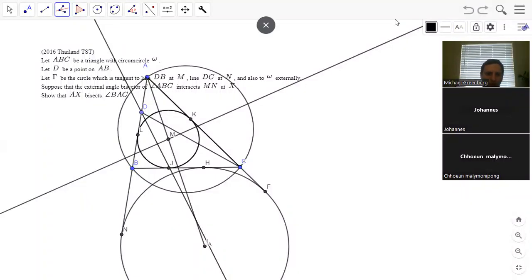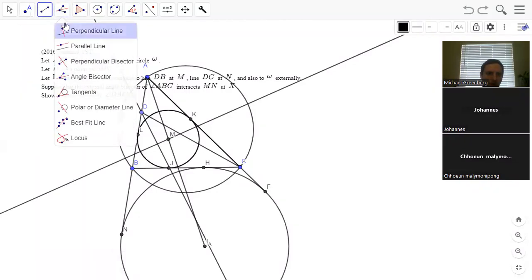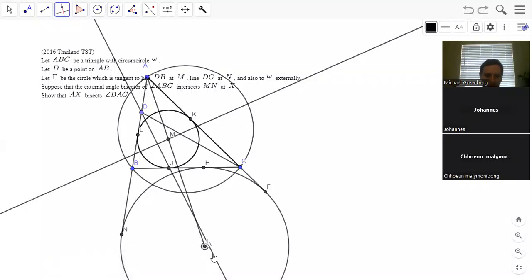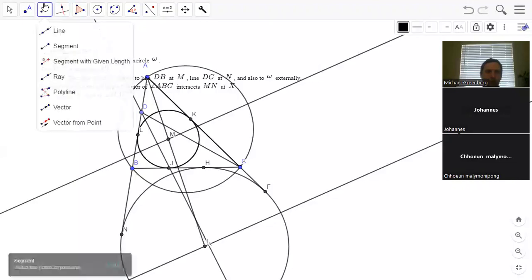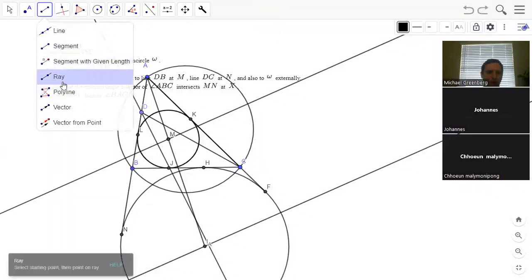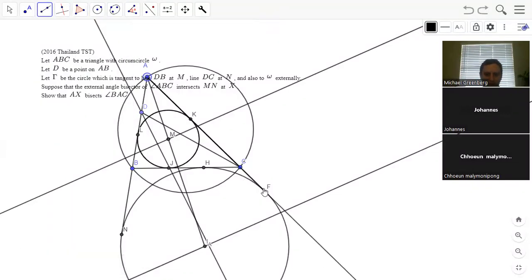Okay. So perpendicular to that. And I try to see where it's going to meet these two lines, AN and AF. Or no, AN and DC, because we want it to be tangent to DC, not AC. All right.